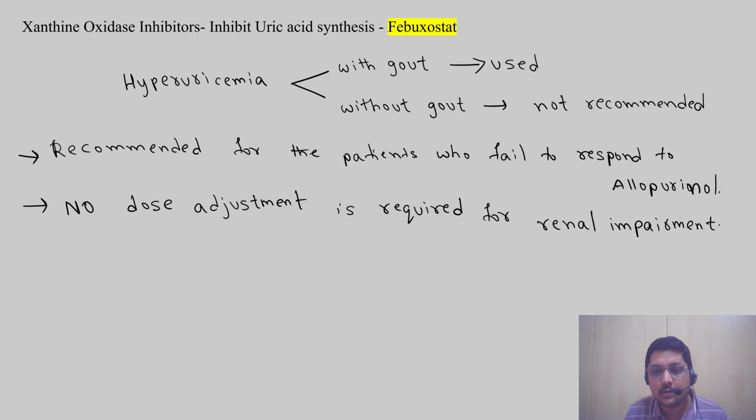Then why do we go for allopurinol as a first line? Why not febuxostat? Because febuxostat has its own side effects. Most common side effect of febuxostat is LFT abnormalities.